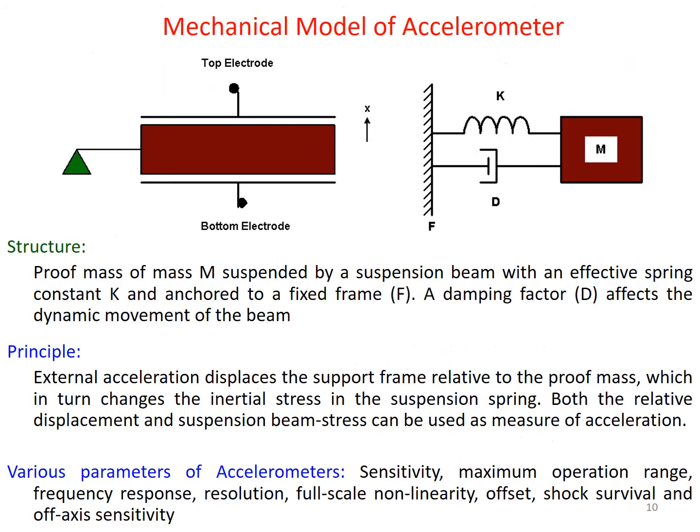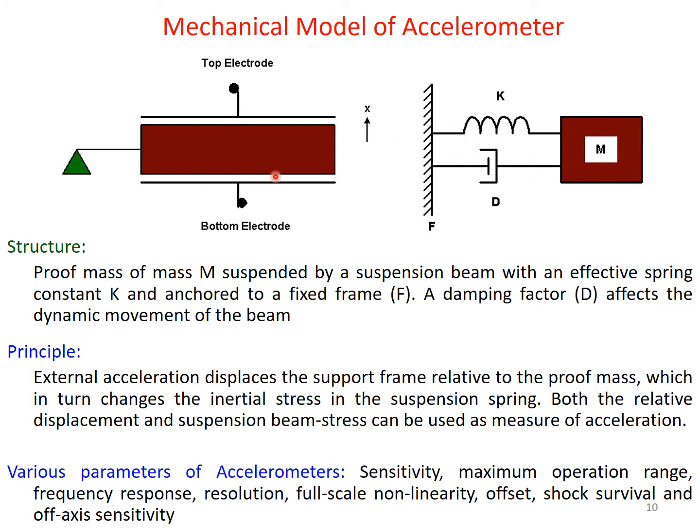Yeah. Okay. So just for continuity, here we have shown the mechanical model of an accelerometer, and you can essentially understand that accelerometers can be simply modeled with the help of a second order mass spring damper system. Is not it? So here this is the schematic of this mass spring damper system, where this one is the mass, this is the damper, this is the spring constant.